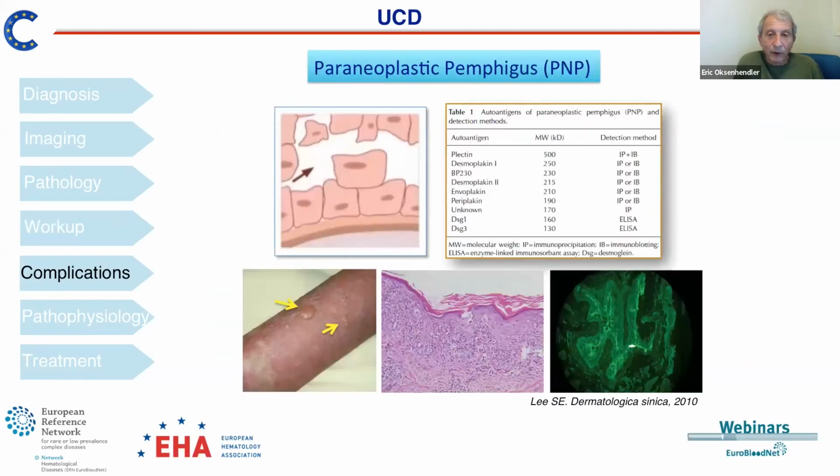So let's go now to the complication, PNP. PNP is an autoimmune disease characterized by the presence of autoantibodies, mainly anti-desmoglein antibodies that are able to disrupt the cohesion between the skin cells.